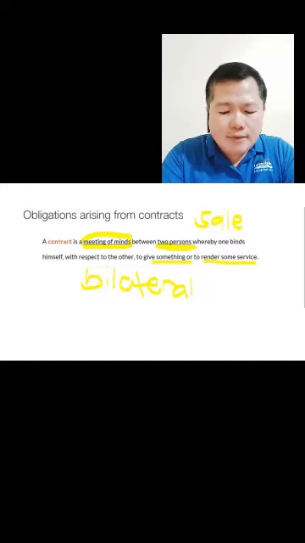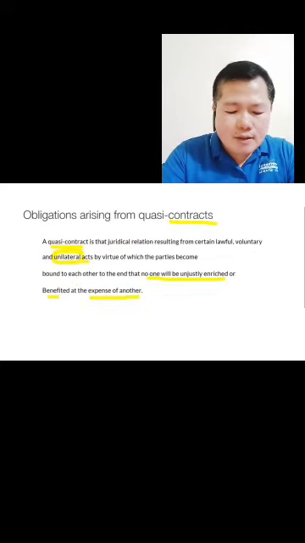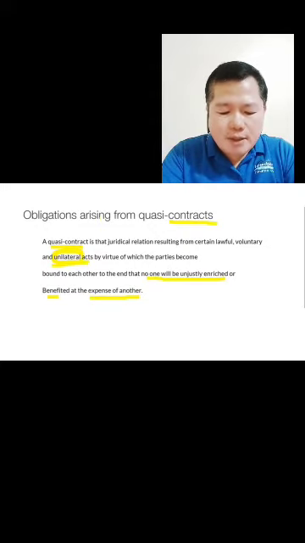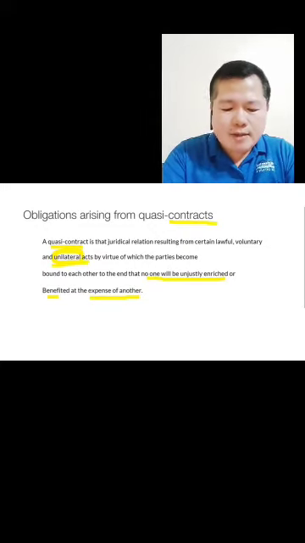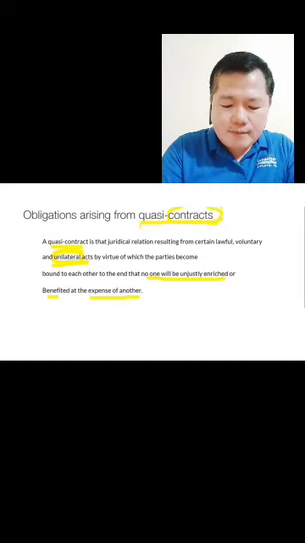While here in quasi-contract, if we go back, it is a unilateral act. Unilateral act, meaning the obligations that arise from quasi-contract are not necessarily contract, although there is a word contract. That's why there is a word quasi.